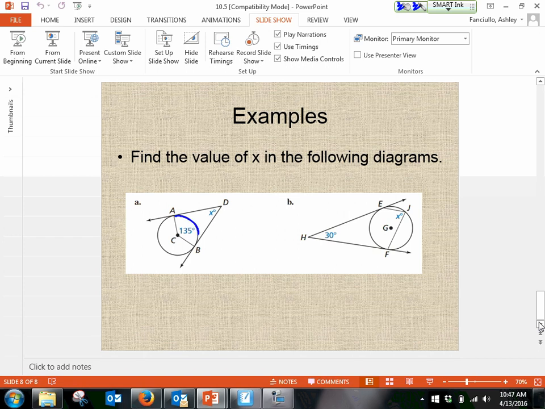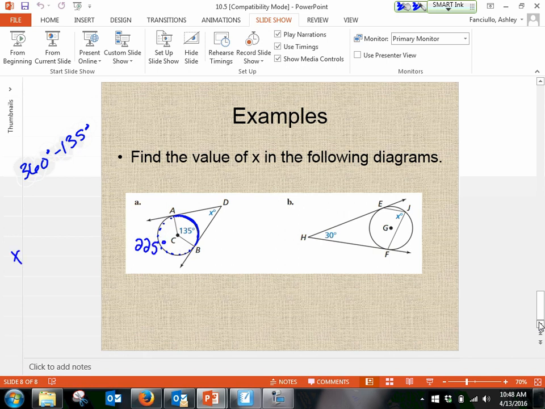So technically this arc AB, that's 135 degrees as well. So in order to get what I'm subtracting that from, I have to do a little work. So I have to first take 360 degrees and subtract 135. Okay, so that's what that arc will be. So 360 minus 135, you should get 225 degrees.